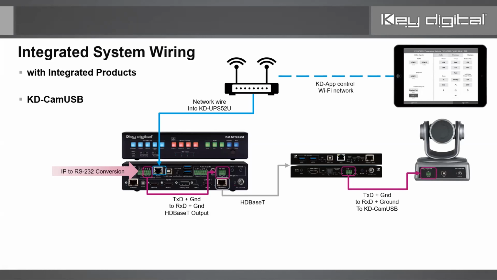And this is our free app, and we'll get into that on a future slide, but just showing you the thoughtfulness that's gone into making a fully integrated system. All you've got to do is connect the 2 extra wires, and now that's fully integrated in there, and you have iPad control. And again, we're giving control to someone in a boardroom or an end user. Like I said, I hate saying it over and over again, we're going to go further into our KD app and our presentation solutions.